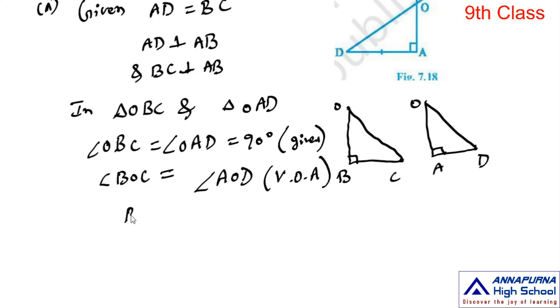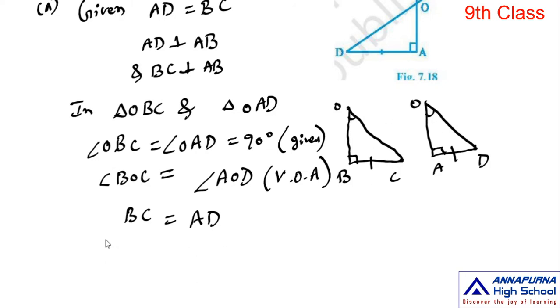BC is equal to AD. This is the given condition. These two angles are vertically opposite angles.